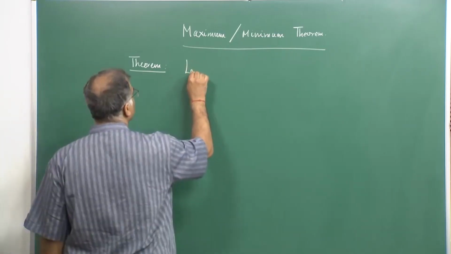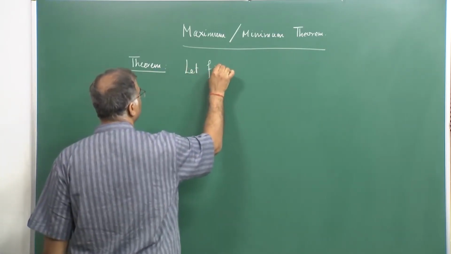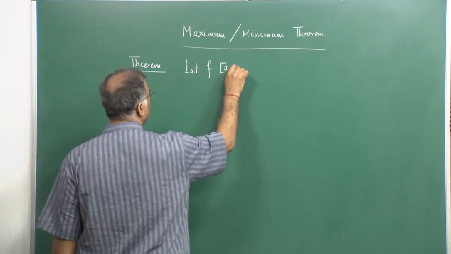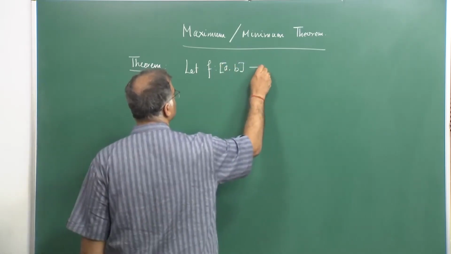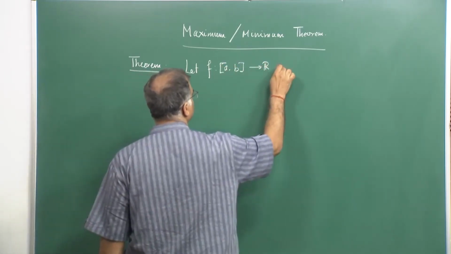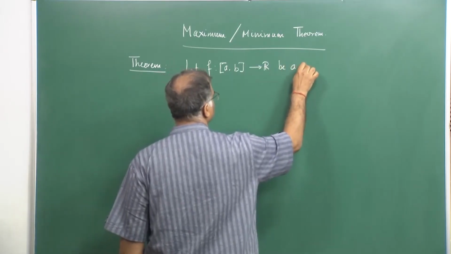So, let f from AB to R be a continuous function.